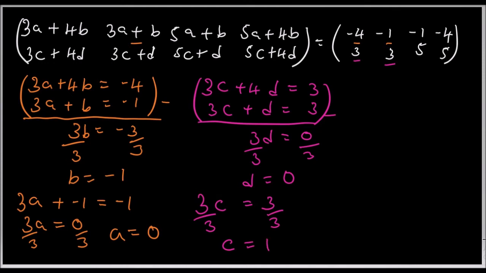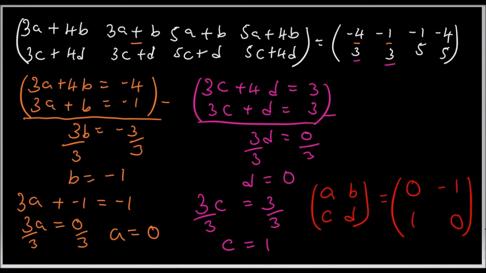Therefore, we can say that our matrix A, B, C, D should be equal to: A is 0, B is minus 1, C is 1, and D is 0. So that is what we had assigned as the matrix of transformation.